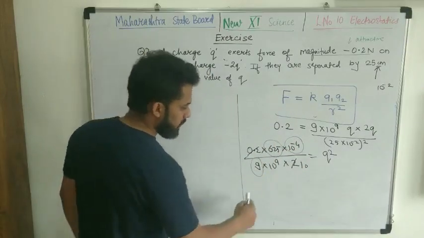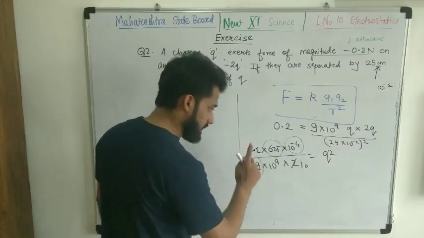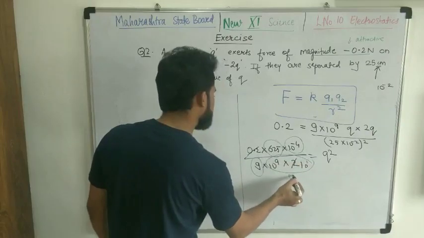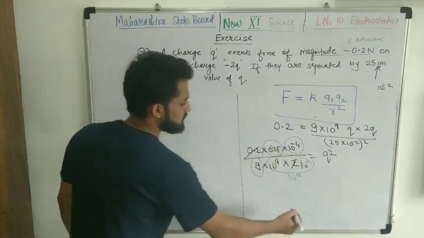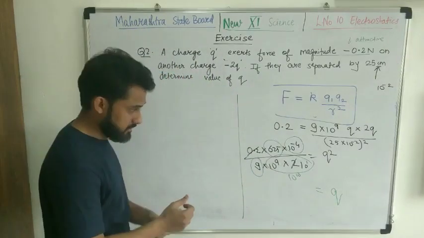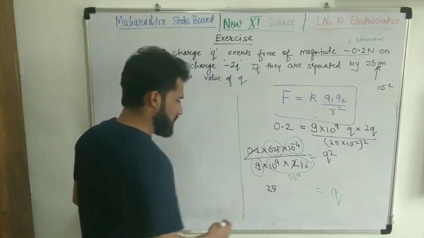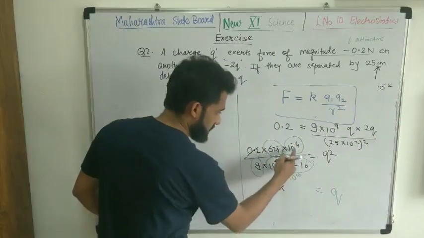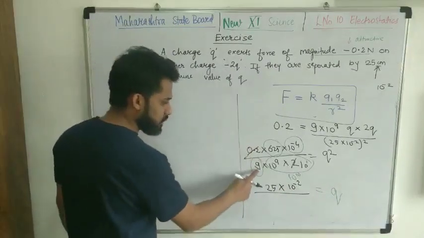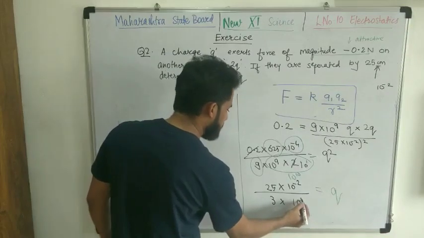This is a perfect square, this is a perfect square. The problem was with 10 raised to power 9. So 10 to the power 9 and 10 to the power 1 will give you 10 to the power 10. And on taking the square roots, you will get charge Q is equal to the root of 625 is 25 times the root of 10 raised to minus 4 is 10 raised to minus 2, upon the root of 9 is 3 and the root of 10 raised to power 10 is 10 raised to power 5.